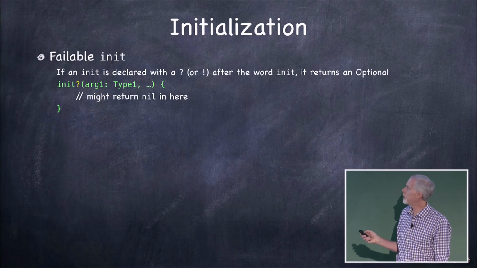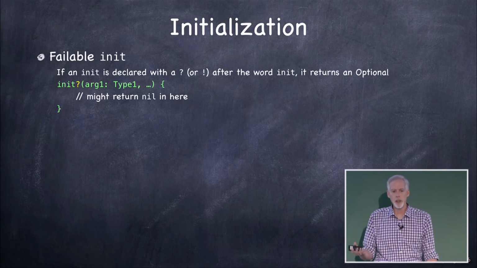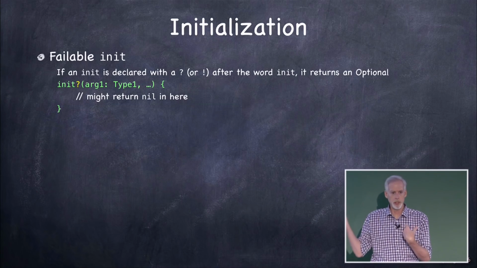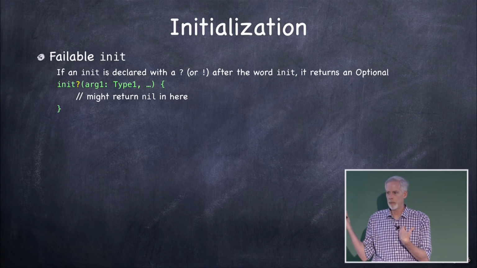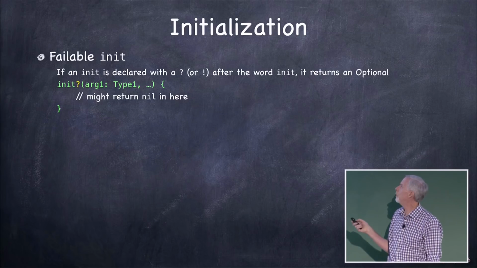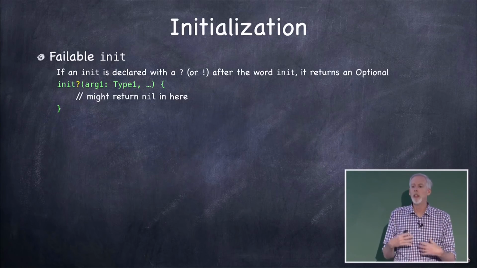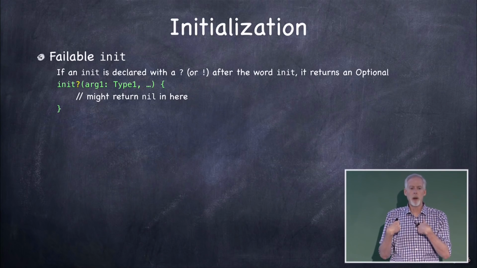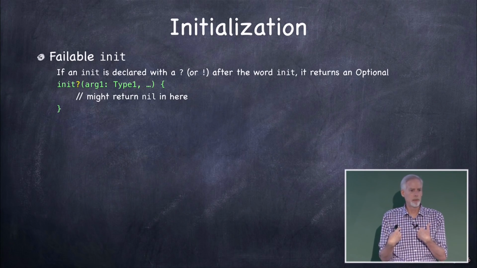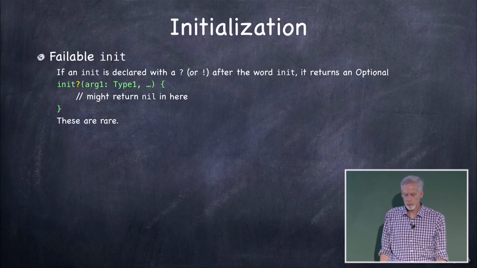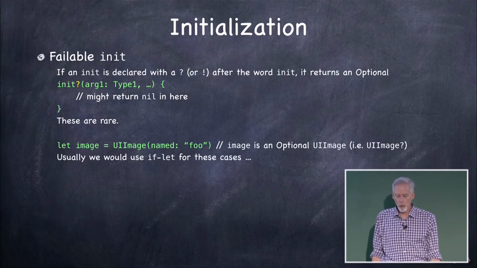If you put init question mark in there, that turns this initializer into one that will return an optional of this class. And to fail, you just return nil. Inside this initializer, if something goes wrong, return nil, and nil will come back to whoever's trying to get this thing. Make sense? Failable initializers are pretty rare.